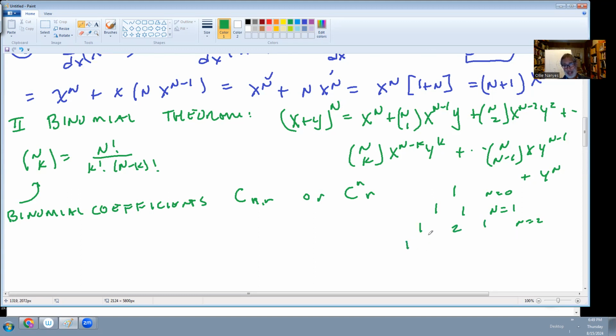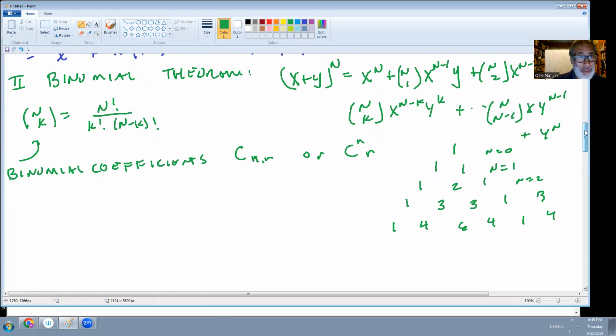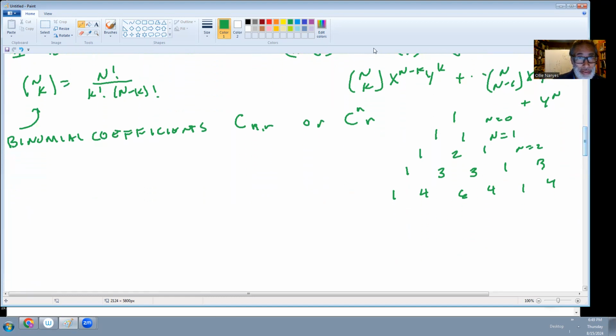For 3, you add these two, and you get like that. And you can keep going as long as you want. That's 3, and that's 4. And it's a nice little handy way. I haven't proved that, but you can prove that these numbers here are exactly these. It would take us a little far afield from what we want to do. It's a wonderful little theorem for combinatorial math.